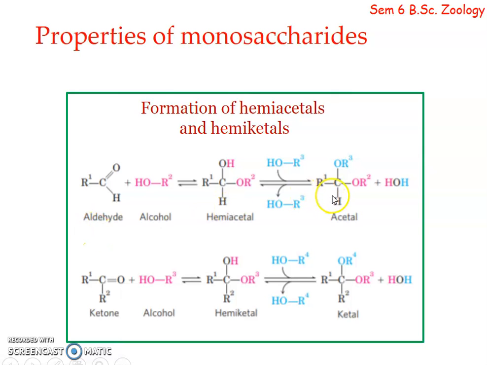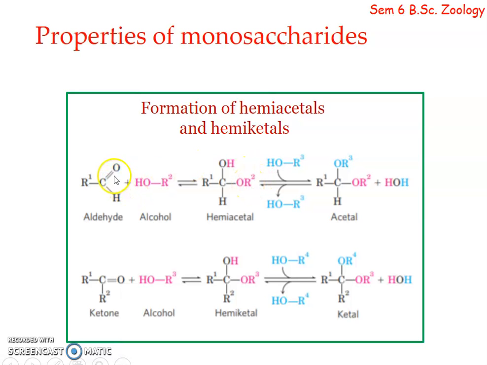This is a reaction. You can see here the aldehyde reacts with alcohol. Here it is given as separate molecules, but what happens when the hydroxyl and the aldehyde are in the same molecule, we will see in the next slide. What is the resultant product?